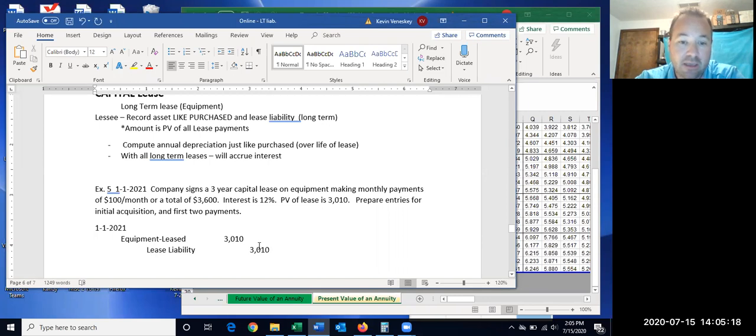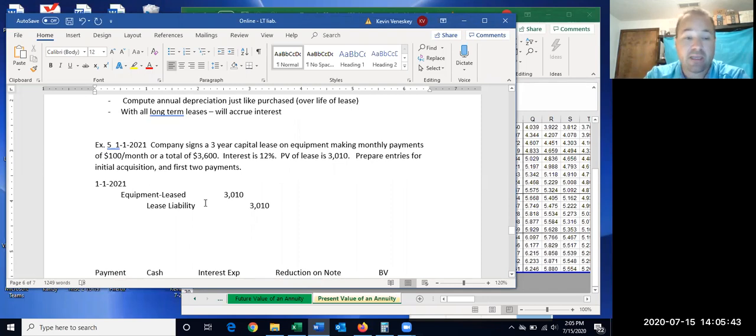I'm going to need to make payments of at least $3,010 over the time. Now you're going to say, hey, wait, I thought you had to make payments of $3,600. I did, but this is just the note part. The whole part includes interest and note. So this is just the bare bones note. This is what I'm going to be paying with interest.